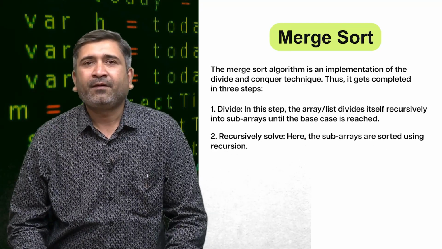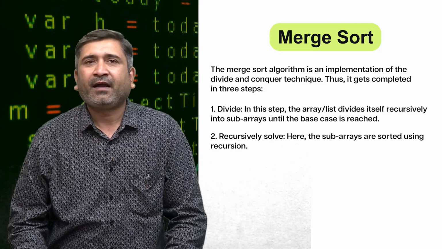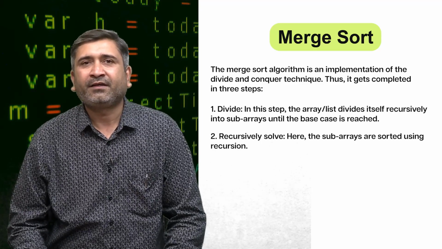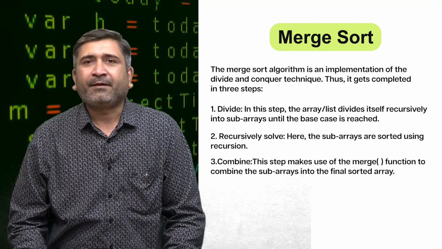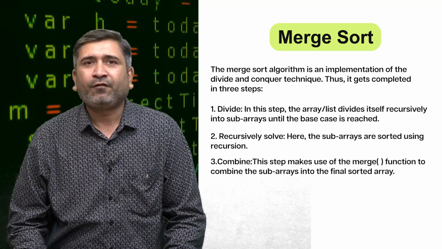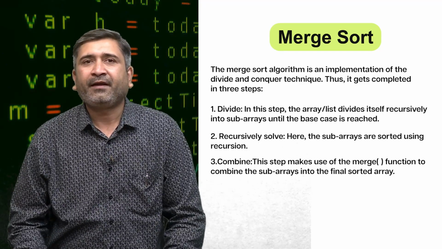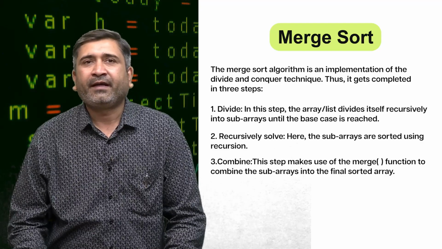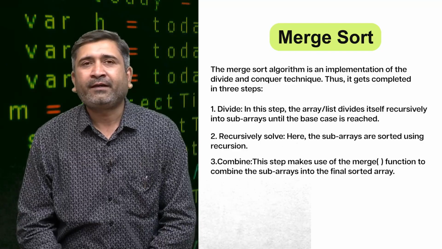In the second step, recursively solve. Here the sub arrays are sorted using recursion. In the third step, combine, this step makes use of the merge function to combine the sub arrays into the final sorted array. With the help of these 3 steps, we are able to sort an array.